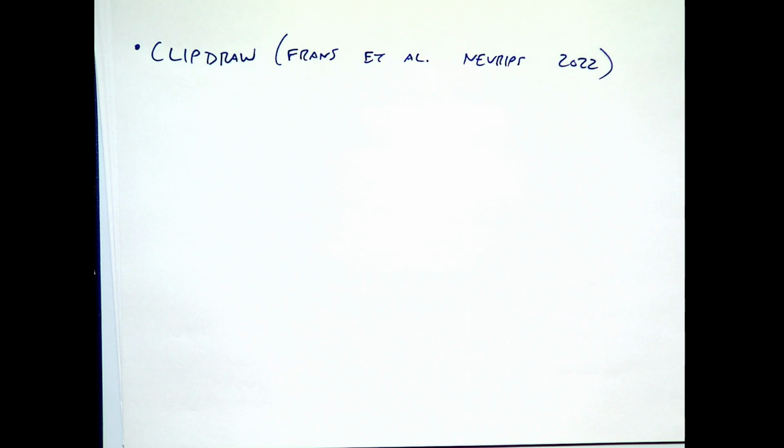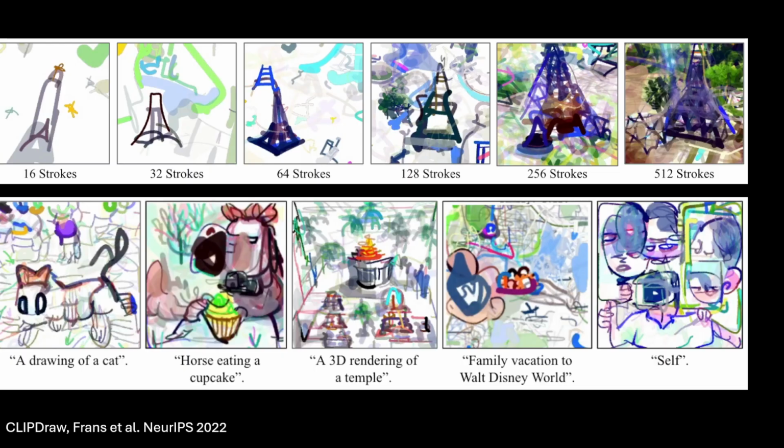So again, we're thinking about revisiting old algorithms in the spirit of CLIP, right? This is another shot at the old Hertzmann algorithm of painting strokes on a canvas. Now you can imagine doing the same thing: you could optimize stroke placement incrementally until the CLIP description of your image matches up with some text, right? And so here's an example of CLIPDraw, right?